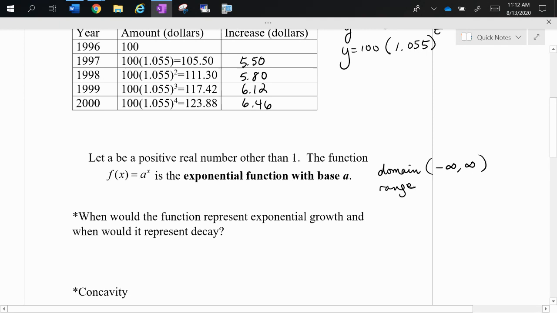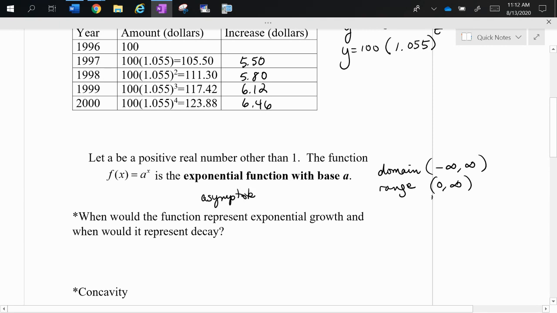And if my function is just f of x equals a to the x power, the range is going to be from 0 to infinity, greater than 0. And not greater than or equal to, because we remember that exponential functions have an asymptote.